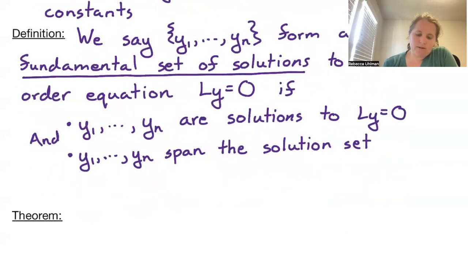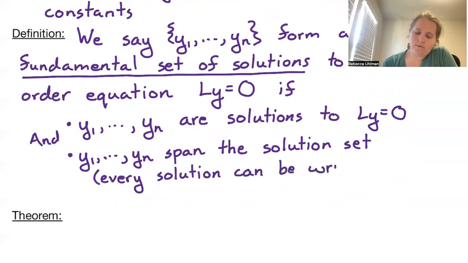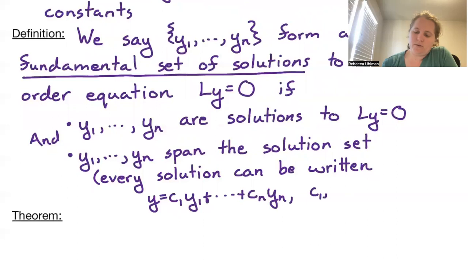So in other words, every solution can be written in the form y equals c1 y1 plus all the way up through cn yn for c1 through cn constant.